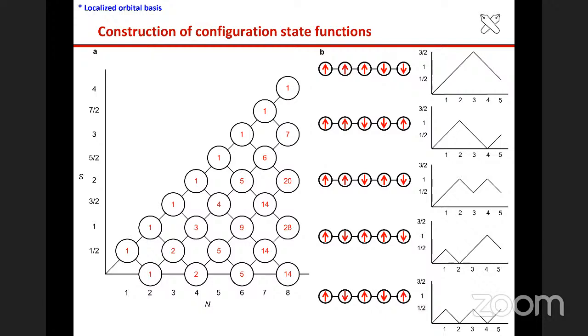For instance, if we want to calculate the spin doublet state for 5 spins, we have 5 different pathways to arrive at this state. The number in the circle represents the number of possible pathways to arrive at this point.